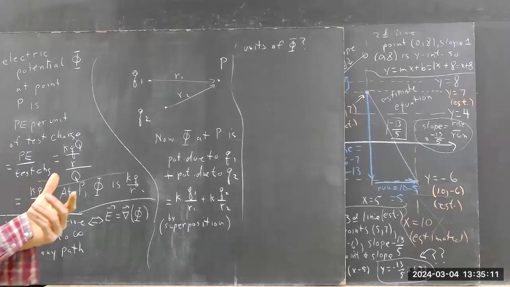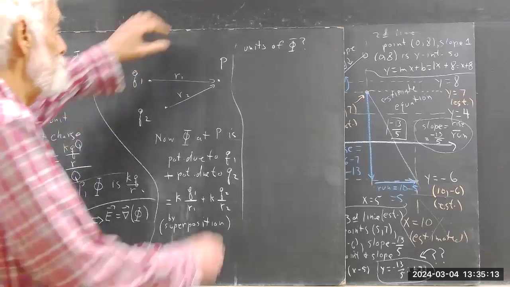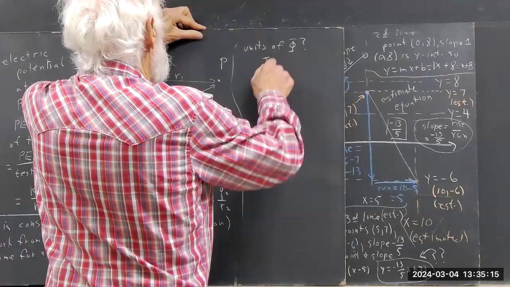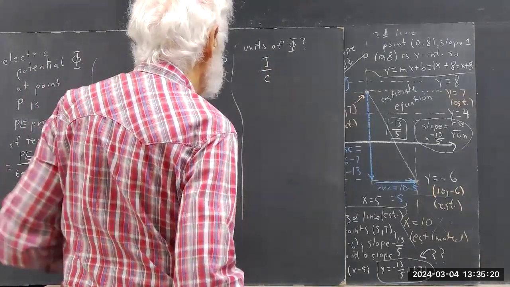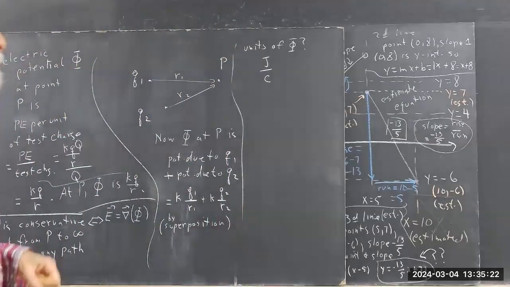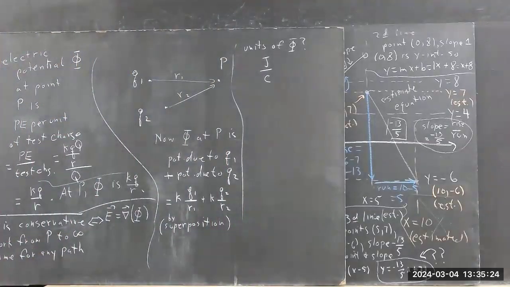It's measured in coulombs, right? So we have joules per coulomb. Now, I forget where I was going with that, because we got into the discussion and I digressed a couple of times. But it's important to know that anyway.